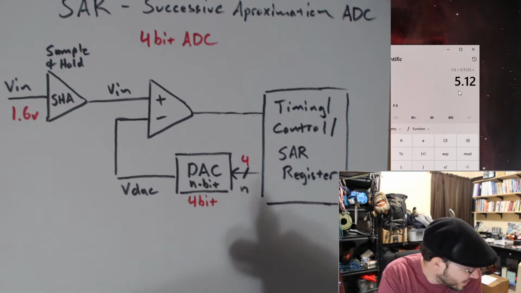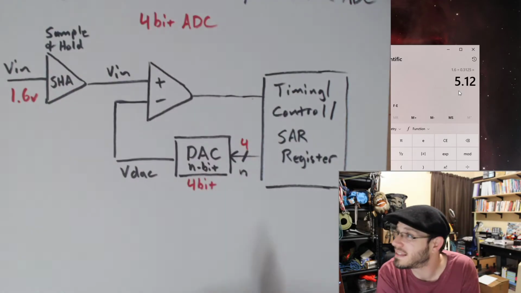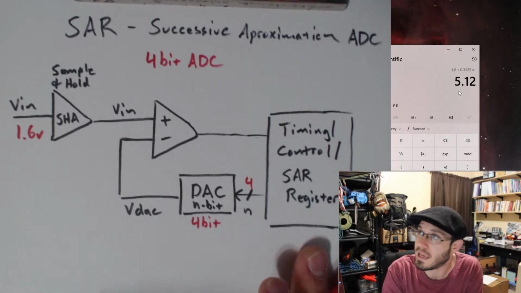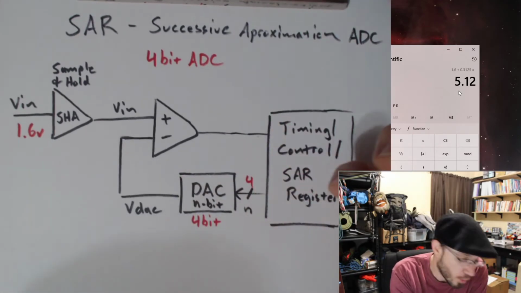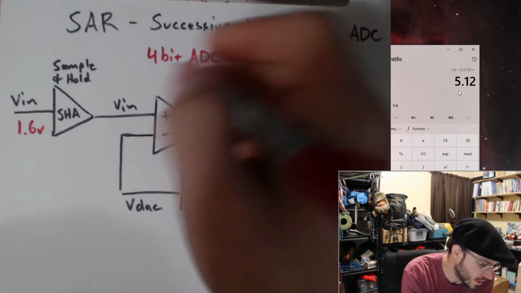And our step size for this, well, let's go ahead and establish what our Vref is going to be. Vref is going to be equal to 5 volts, because I'm going to use 0 to 5. Keep it consistent with everything else we've previously covered.